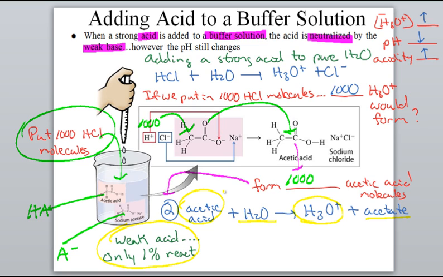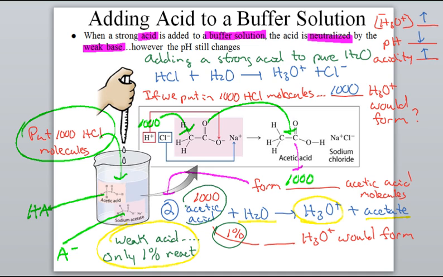And that's actually something I want you to have memorized. Only 1% of the acetic acids that are put into water or are formed in water react to form the hydronium ion. So, if 1,000 acetic acid molecules are formed, how many hydronium ions would be formed? It's 1% of 1,000, so that would be 10.